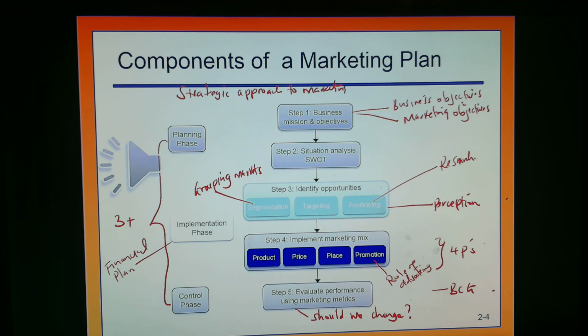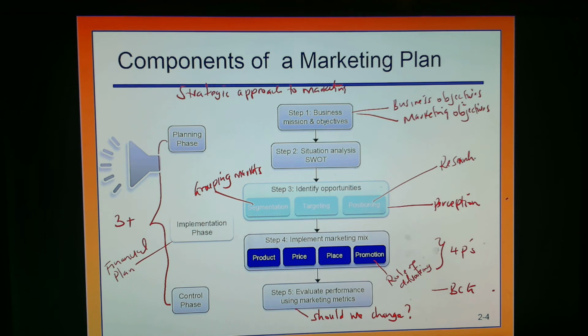And then lastly, what we do in a marketing plan is identify a way in which you're going to measure the success of the marketing plan. You have to have a way of identifying whether you have achieved your marketing objectives by having the plan in place.